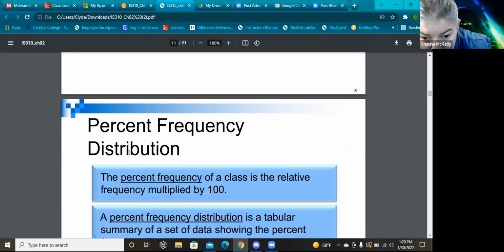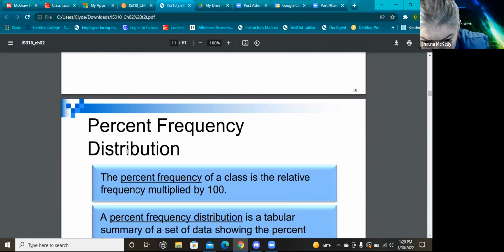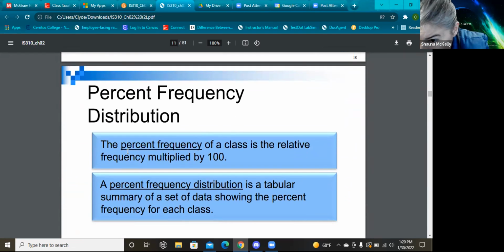And then we get that frequency distribution. So now the difference here, because we were doing this yesterday, remember, we had this in the homework, the percent frequency is where you take the decimal, which was 2 out of 20, which was 0.10, and you multiply that by 100 to get the percentage.